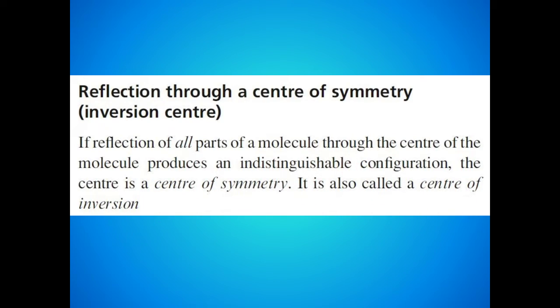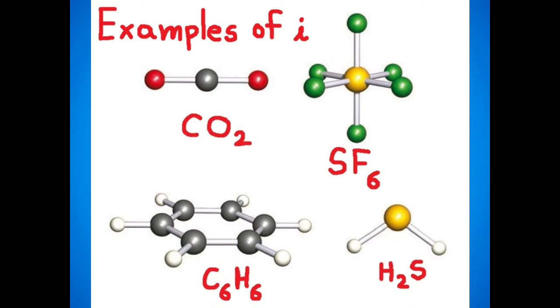So let us understand what we mean by this element of symmetry with the help of an example. Consider any point in this first molecule. Let's say it is carbon dioxide. This is carbon and the 2 red atoms are oxygen atoms. Consider a point over here at the center of this carbon, and if you move to the right-hand side of this carbon dioxide molecule, you will find that this portion is exactly the mirror image or reflection of this one.